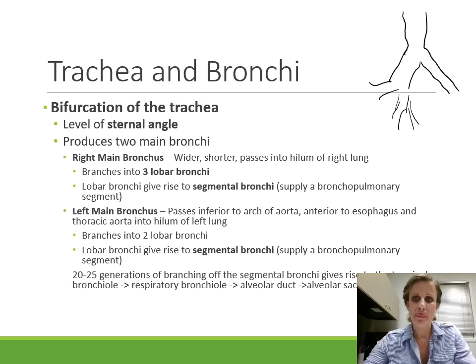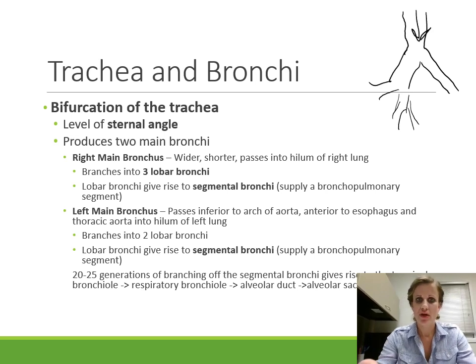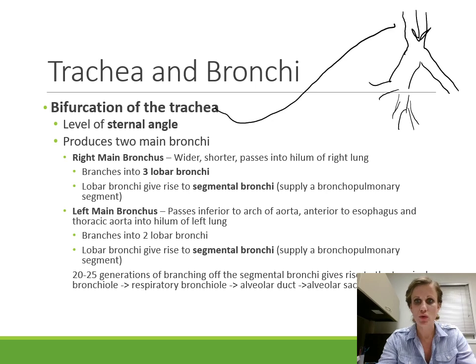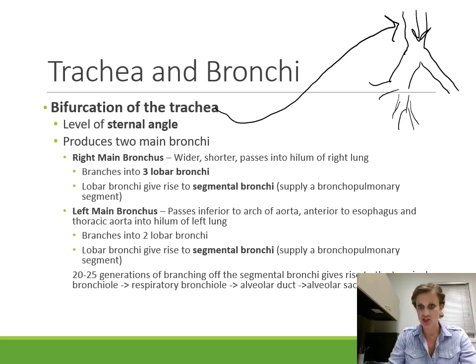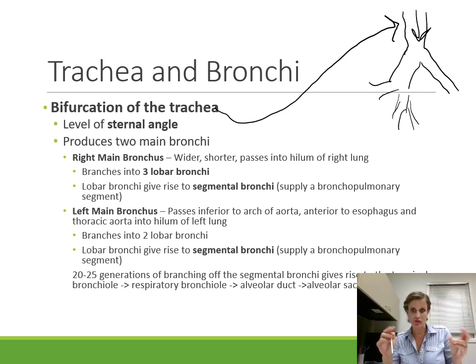Here you see, this is the trachea, right? So the one single tube that carries air down into the chest, right? That's like the trunk of the tree, is the trachea.